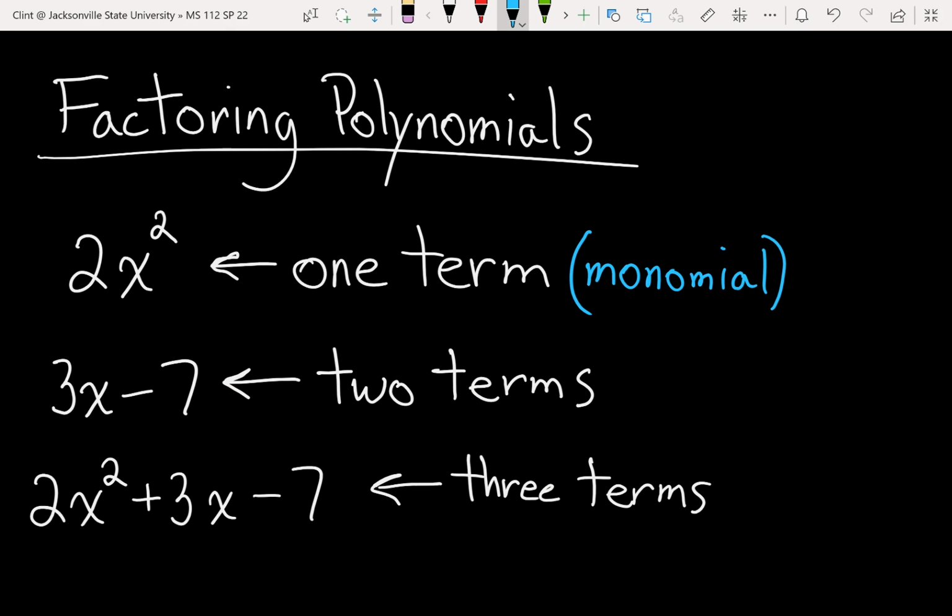It's a polynomial with one term, monomial. The generic name for these is polynomial. Poly just means many. Two terms, binomial.